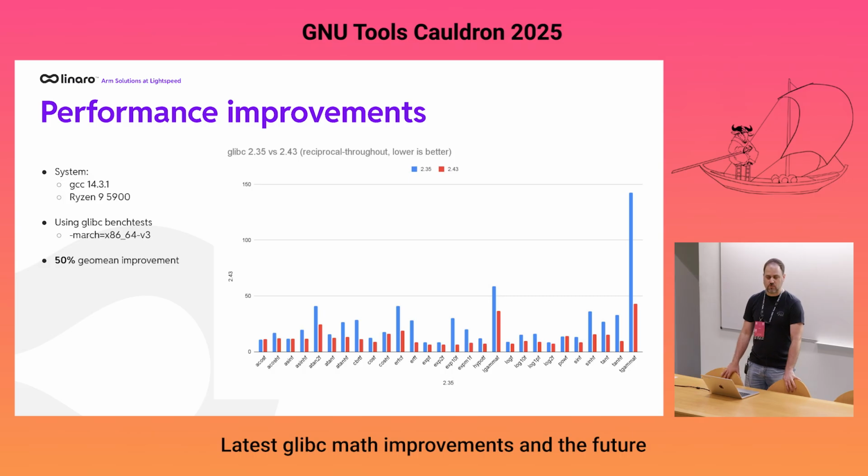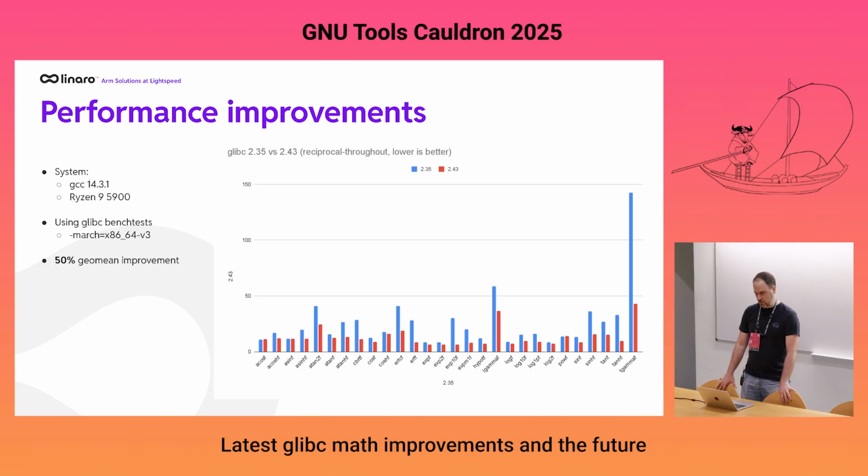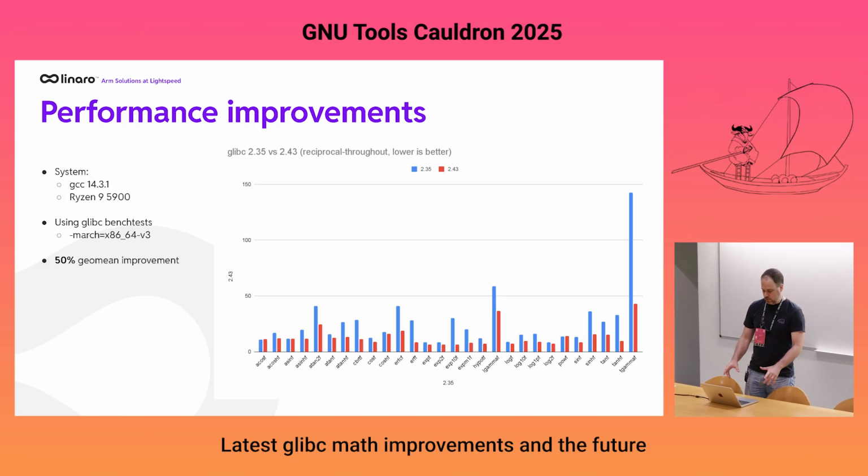Otherwise, I would have had to rely on some internal routing through ifunc. And this is what new distributions are aiming for, so I think it's a real comparison that we might have recently. And now we have a 50% geometric mean improvement in these, I believe, 8 releases.